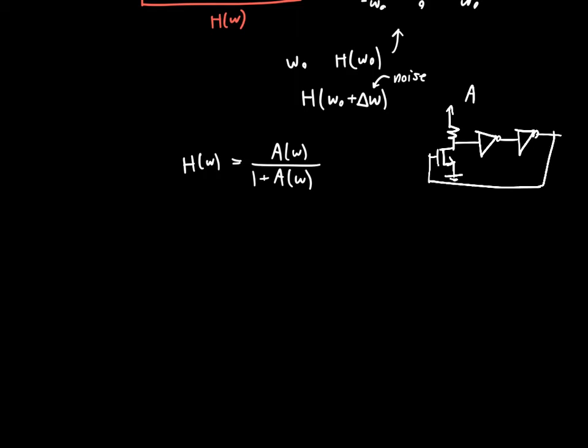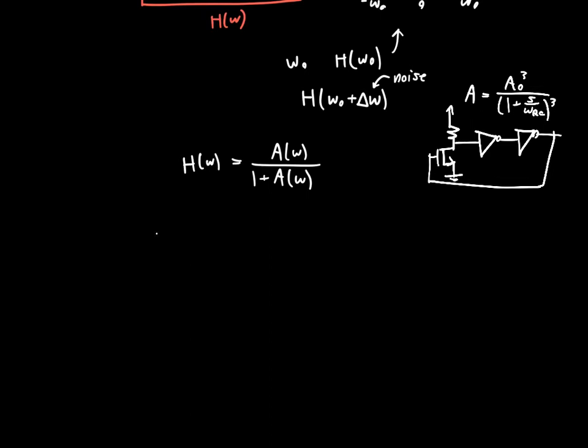Then we know that A of omega is just A naught cubed divided by 1 plus s over omega RC, all cubed, where RC is just the time constant. And I go over the analysis of the ring oscillator in a previous video, and we'll go over it as an example for phase noise in the next video, but that's just the basic idea.